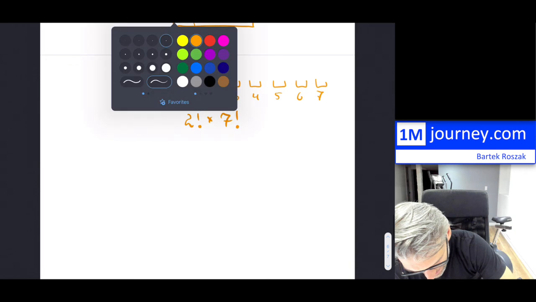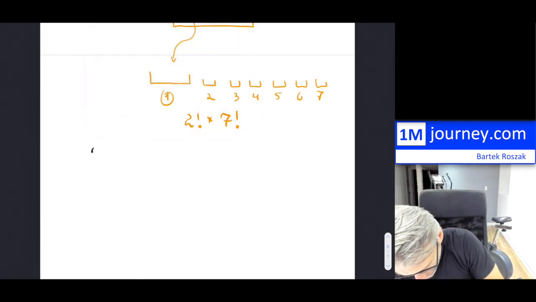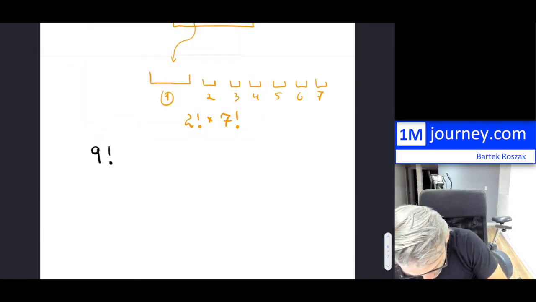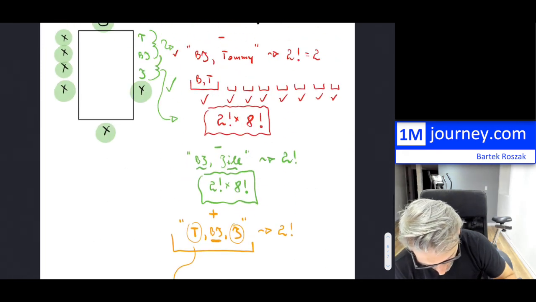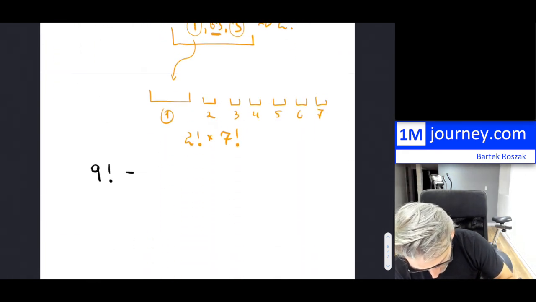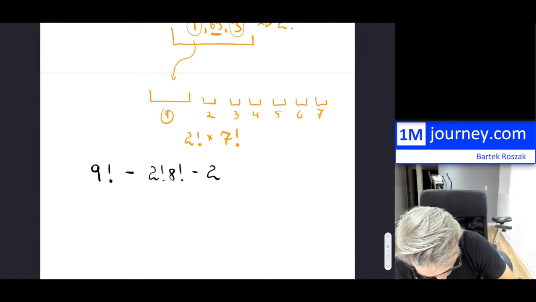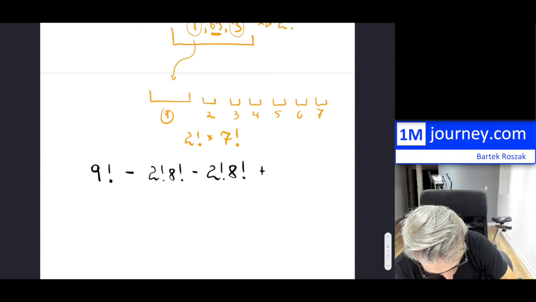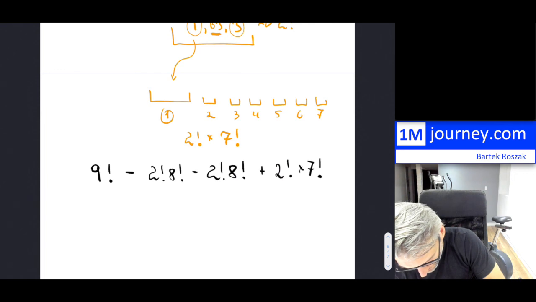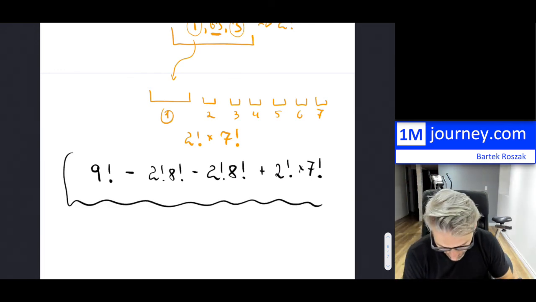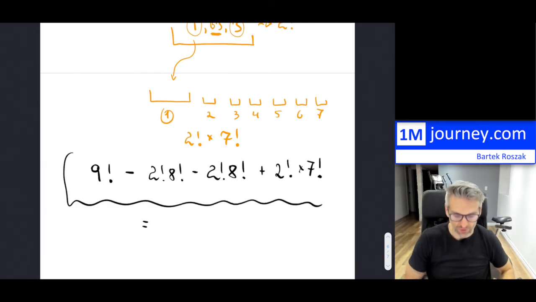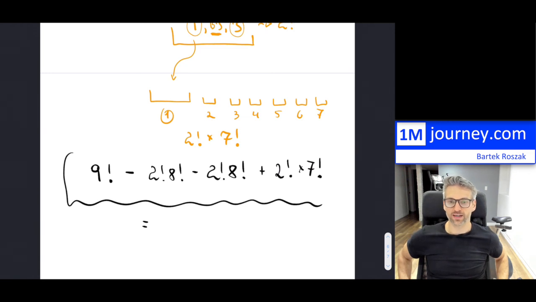So this is a rather lengthy example where you have 9 factorial ways minus BJ and Tommy, which is 2 factorial times 8 factorial, minus BJ and Jill. But then we have to be careful and add this right here. That's actually the setup, and I'll leave the calculation to you. You can plug in those numbers and find out the answer.